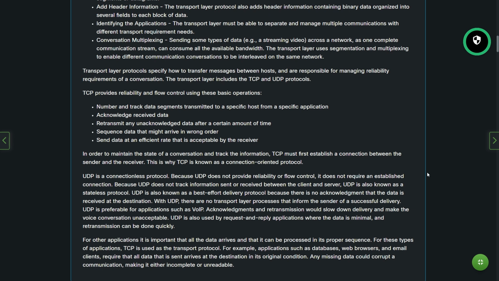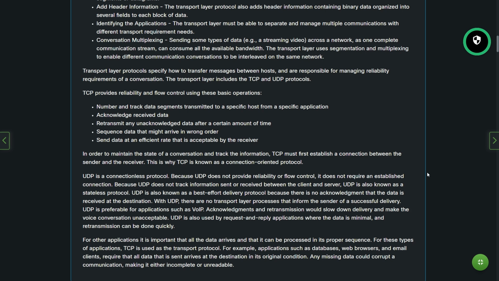TCP provides reliability and flow control using these basic operations. Number and track data segments transmitted to a specific host from a specific application. Acknowledge received data. Retransmit any unacknowledged data after a certain amount of time.